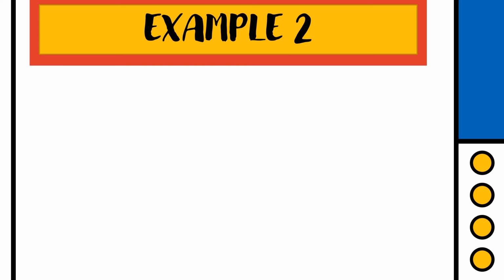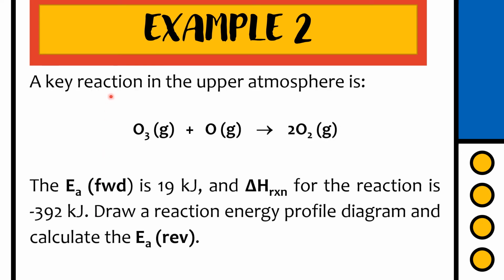So for example 2, a key reaction in the upper atmosphere: ozone O3 plus atomic oxygen O gas produces 2O2 gas, a molecular oxygen. Given here, the EA forward is 19 kJ and the delta H reaction is negative 392 kJ.